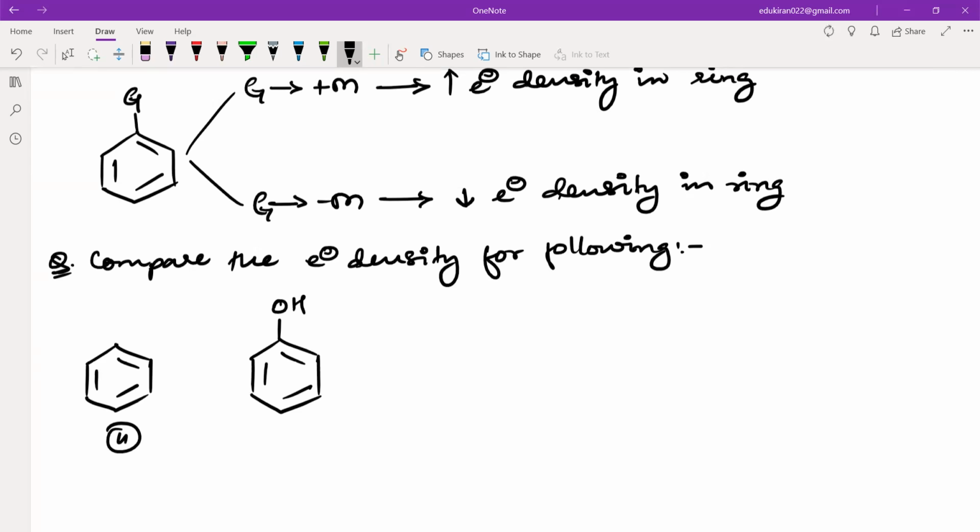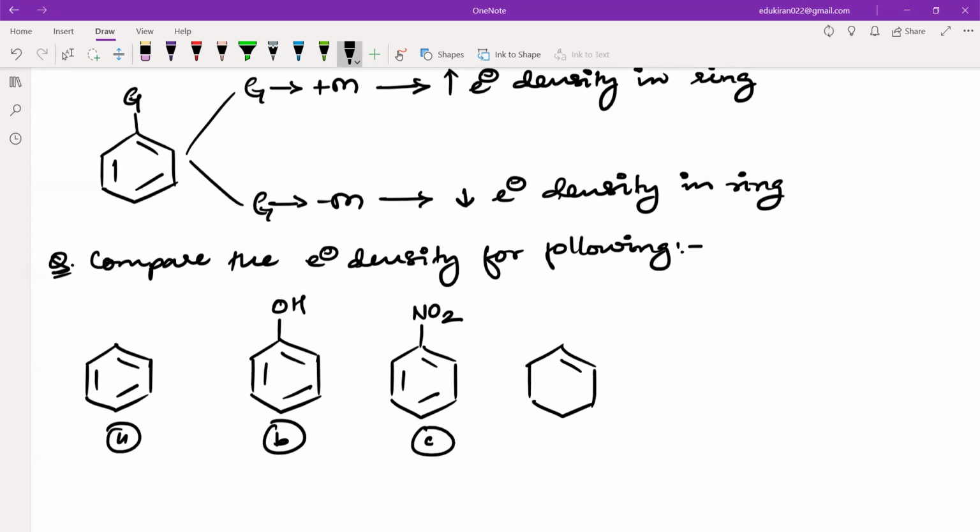Here you have OH group attached. Here you have NO2 group attached. And here, let us say you don't have anything, or let us say you have CH3 because you have taken benzene.